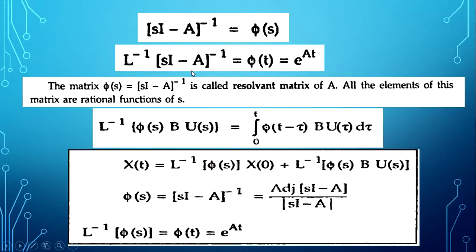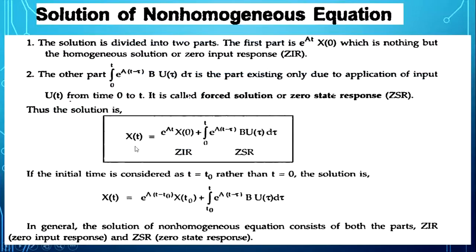Here, e to the power At is called the state transition matrix. It is considered over the time period 0 to t.